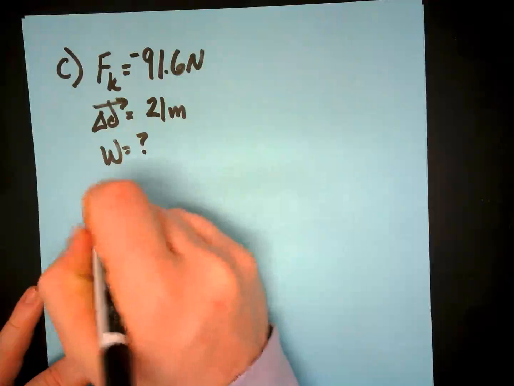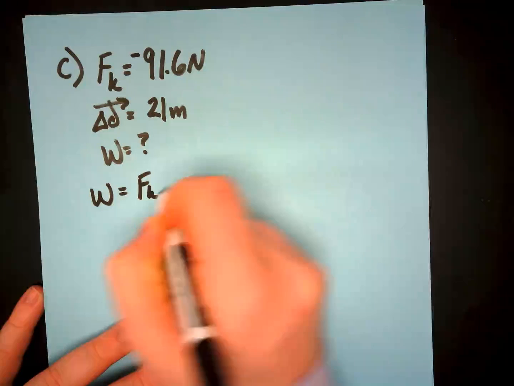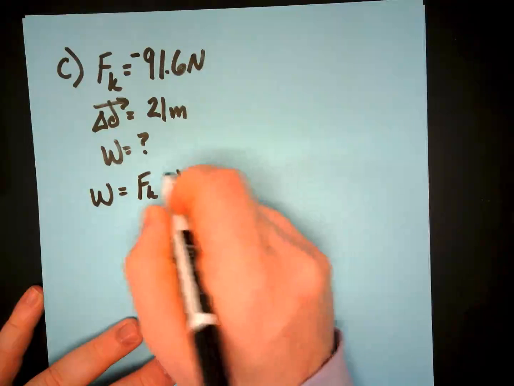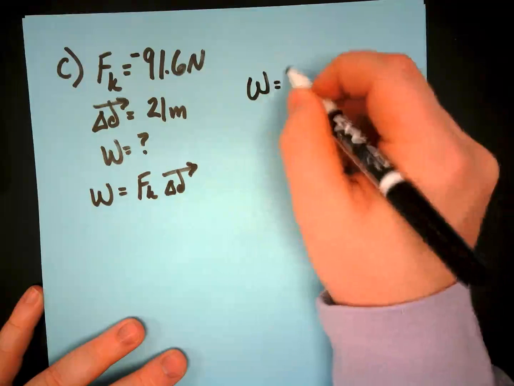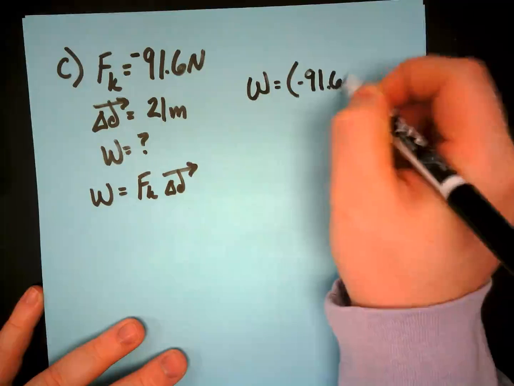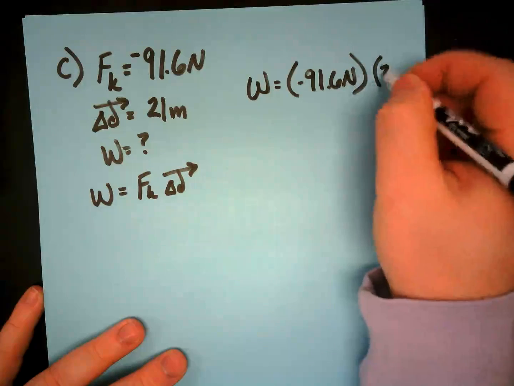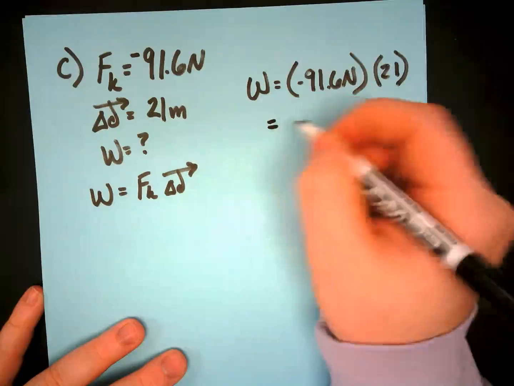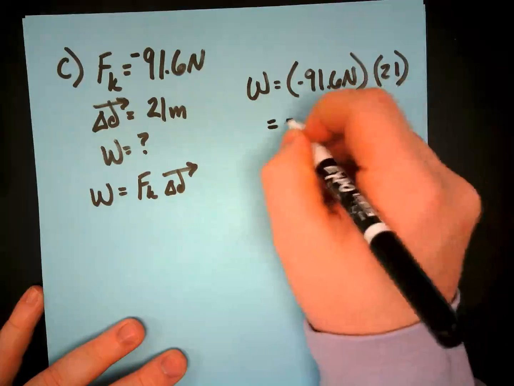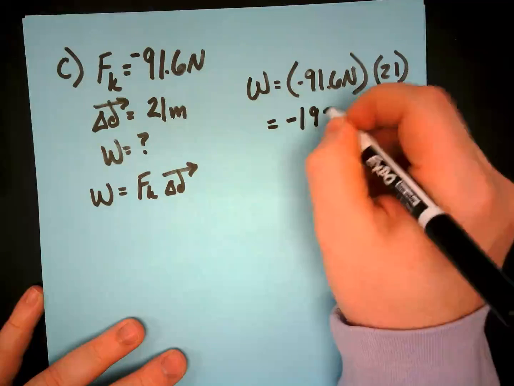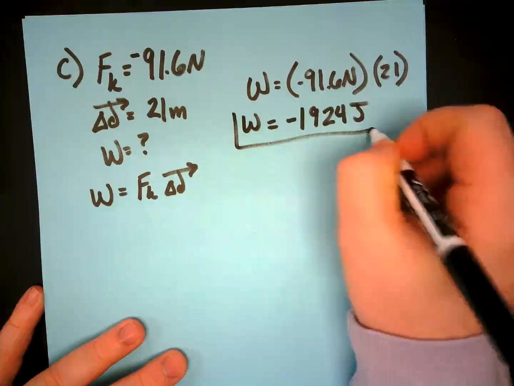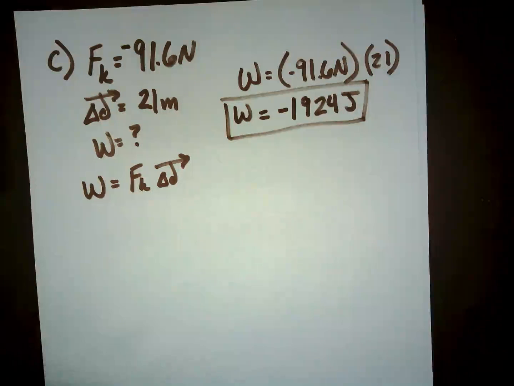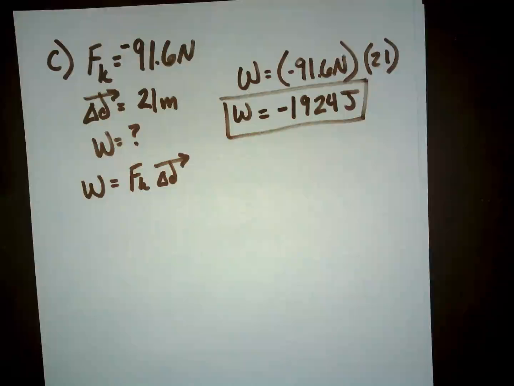But we're just going to do the old classic normal work equation here. Just in this case, we have a negative number. So it'll be negative 91.6 newtons times 21. And then what we'll have here is negative 1,924 joules worth of work happening here. Okay. And that would be our answer for C.